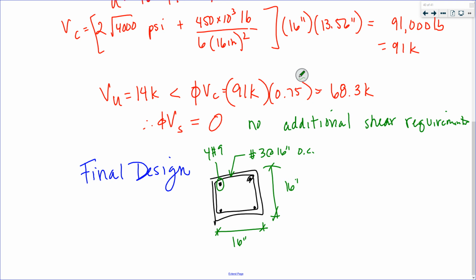That is designing a column. Okay. Thanks.